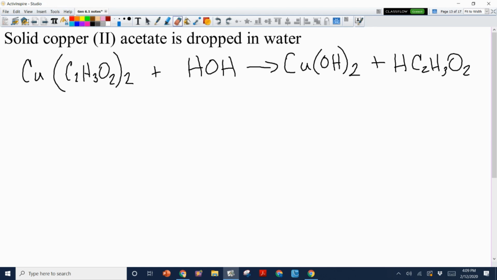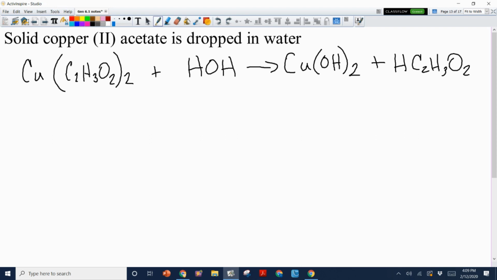Okay, so now we need to break these apart if they are ions. So copper, acetate. All right, so up at the top it says always soluble. The acetate ion is part of that, so acetate ions are always soluble. So I'm going to have copper. Oh, I need to balance the equation. Sorry.